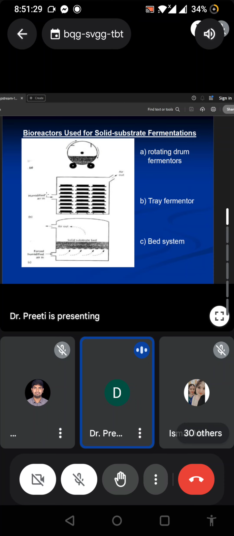Here trays are mostly preferred, big trays, like a petri dish on a large scale, tray fermenter or rotating drum fermenter, a very large bed on which fermentation happens. Here you see humidified air in and out outlets are provided, just as in a petri dish.